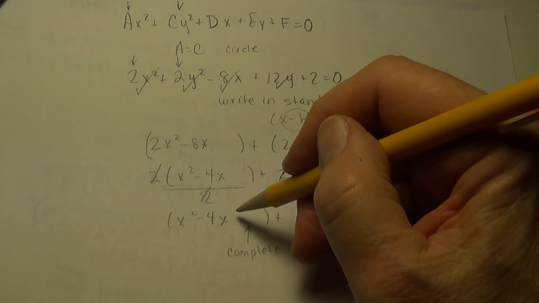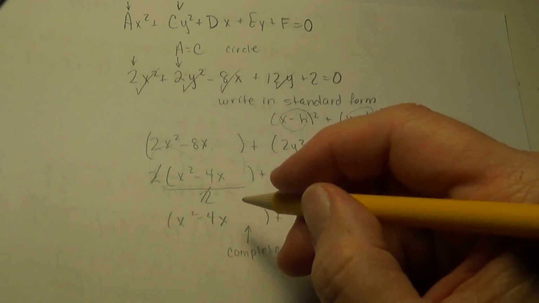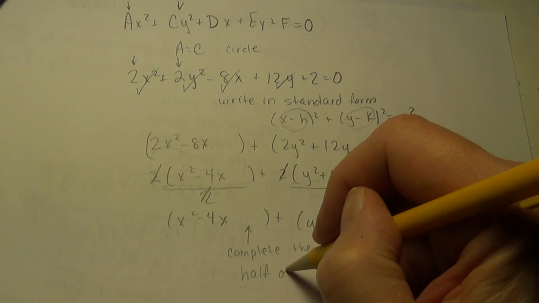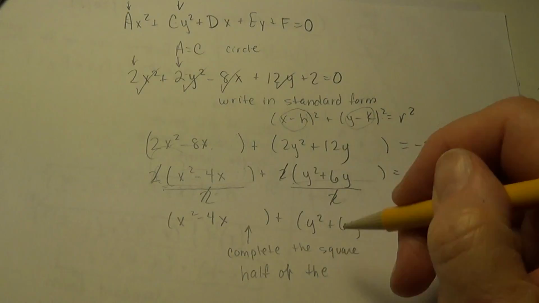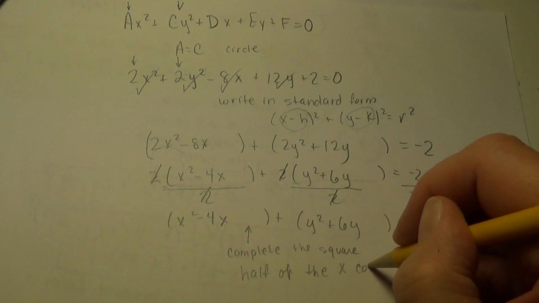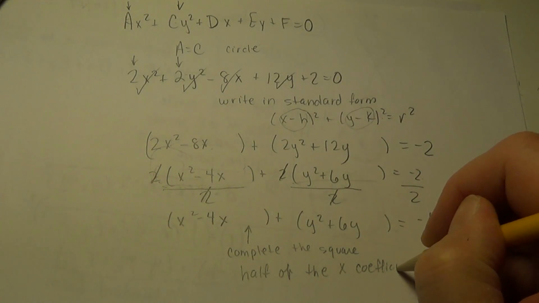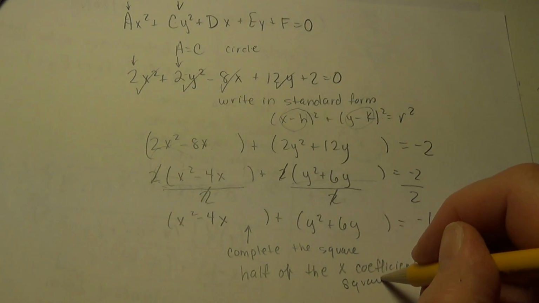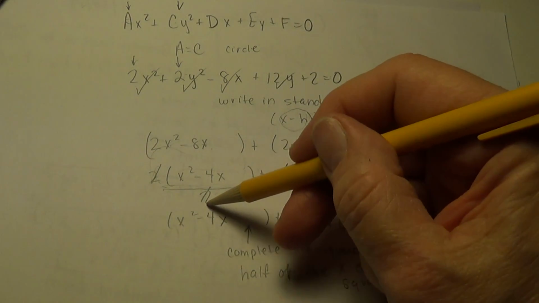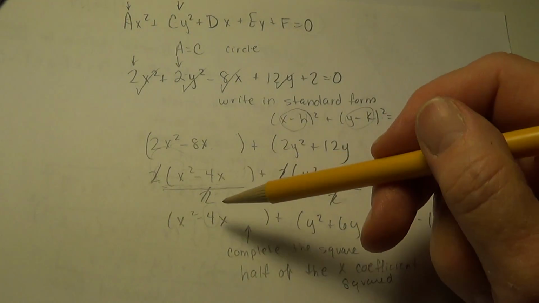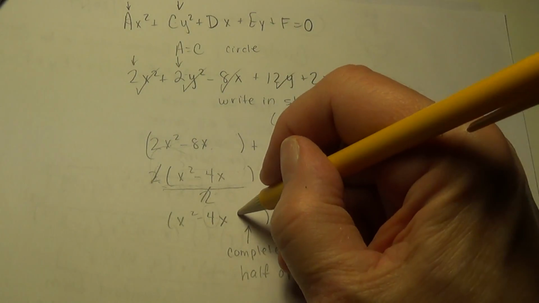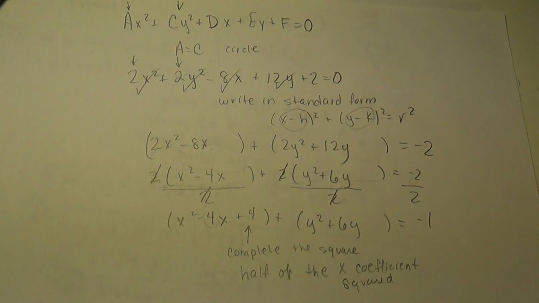So I'm going to add a special number. It's always half of the x coefficient, squared. So here's the x coefficient. We're going to take half of it and get 2 and square it. We get 4. That's the special number we're going to add to x land.